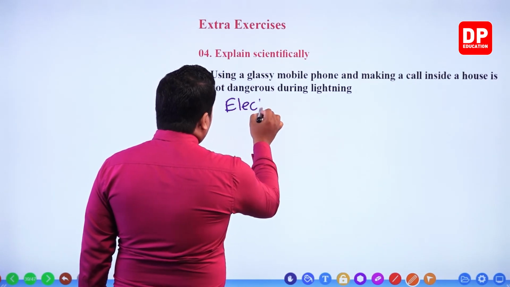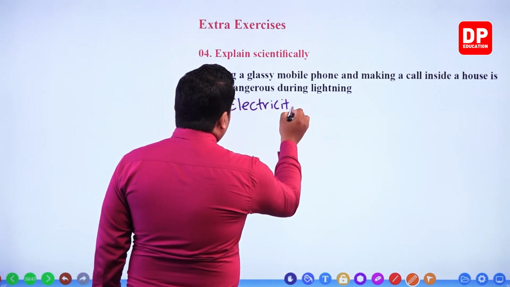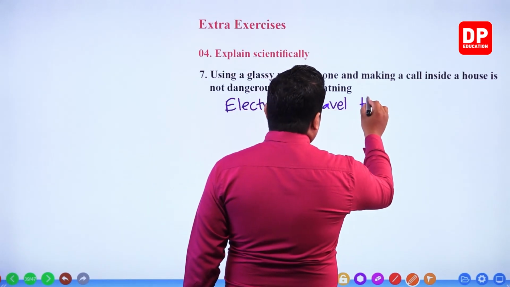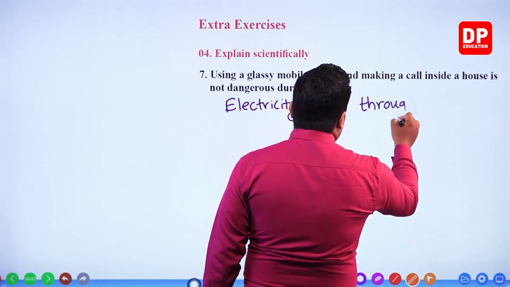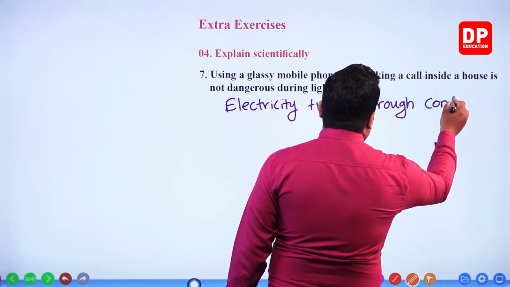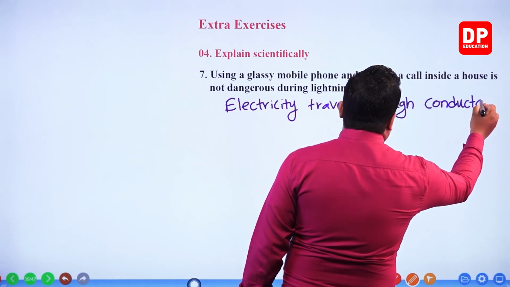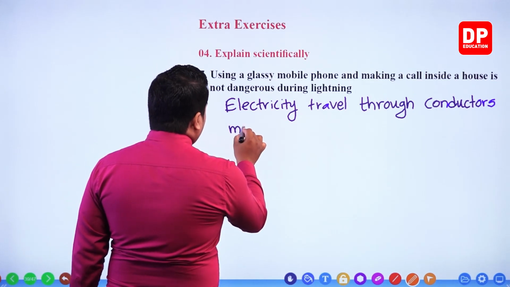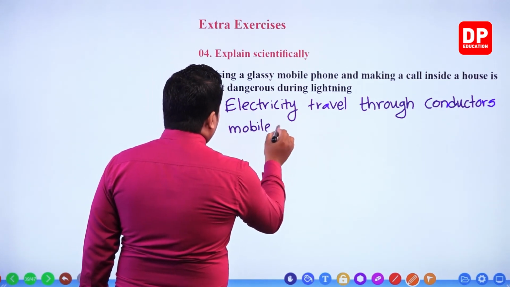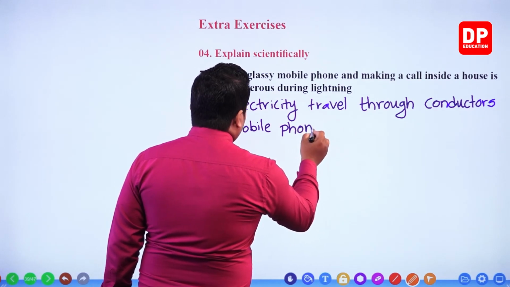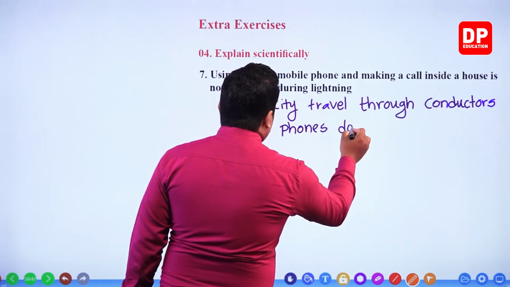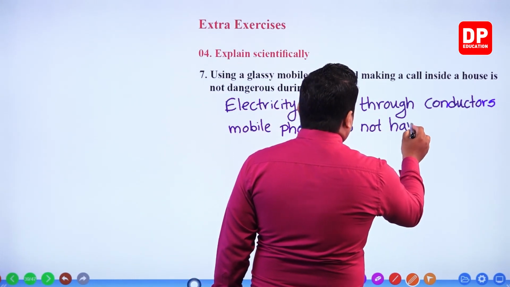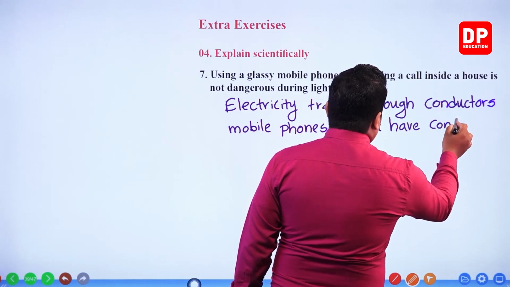Electricity travels through conductors. Mobile phones do not have conductors.